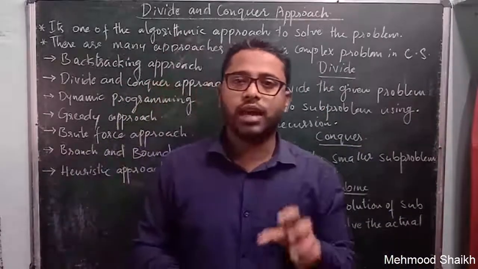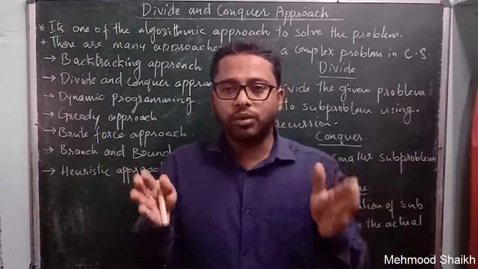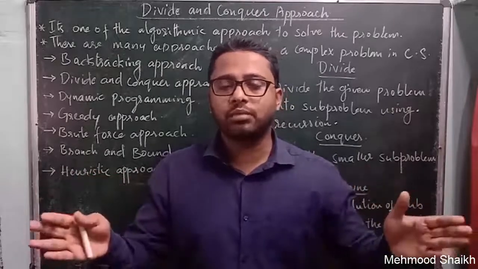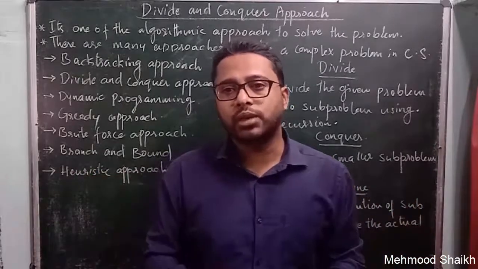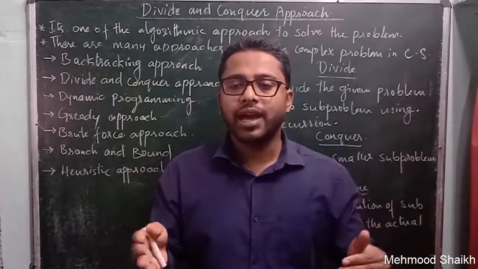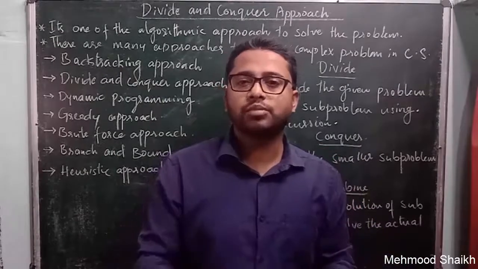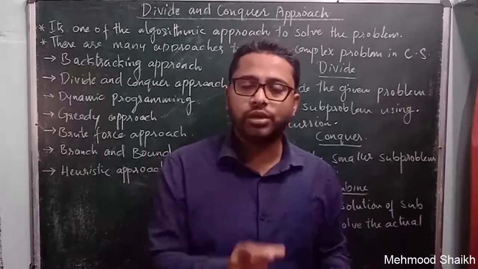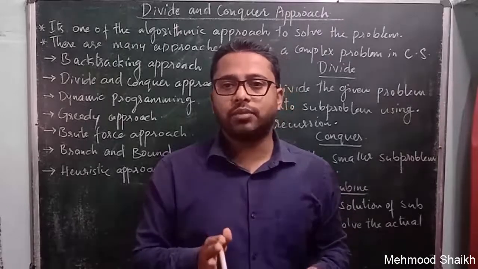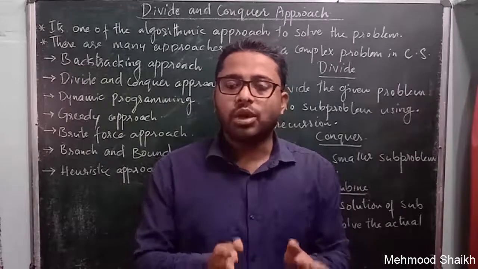The divide and conquer approach says: if you have a large problem and find it difficult to make a solution for it, the best thing to do is divide that problem into subproblems. Keep dividing the subproblems into further smaller subproblems until you reach the smallest unit where you feel it's possible to find a solution.